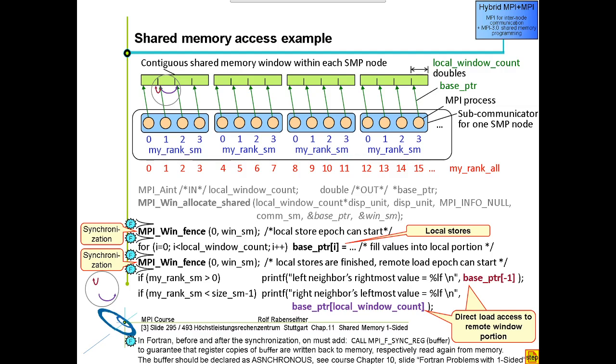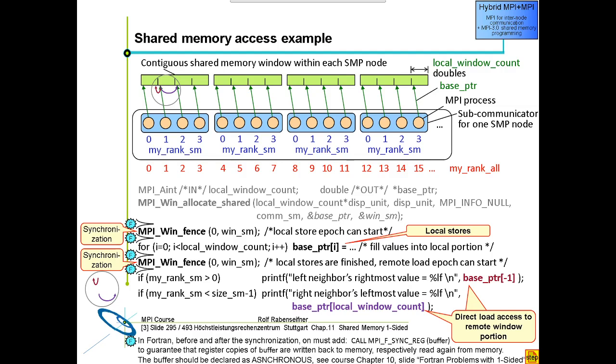We create the window in the same way that we did before, and if we want to know the values stored by the neighbors, we first need to synchronize inside the shared memory node every window, and we can then update the values of the base pointer array inside it.